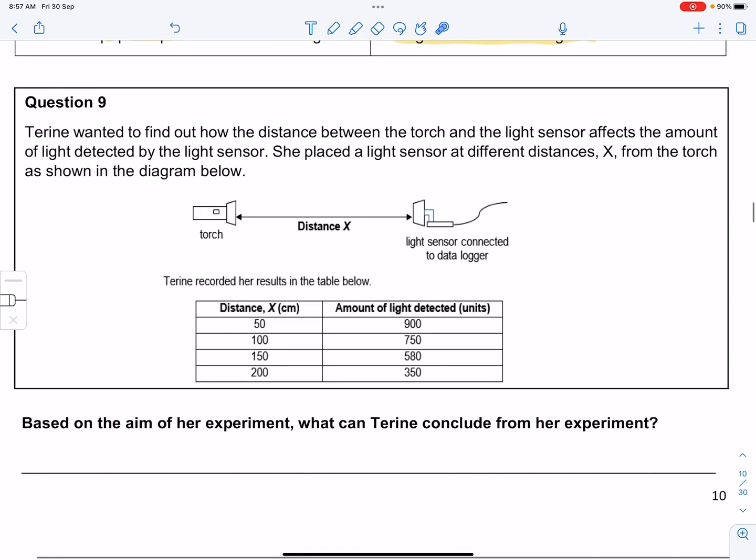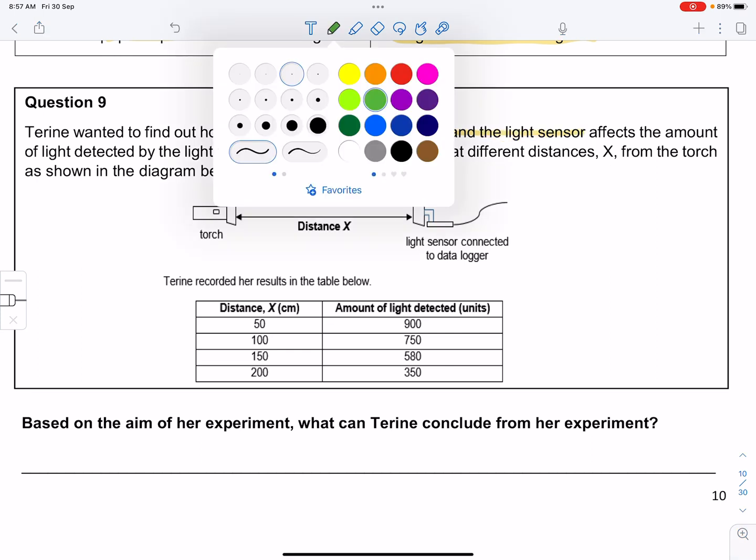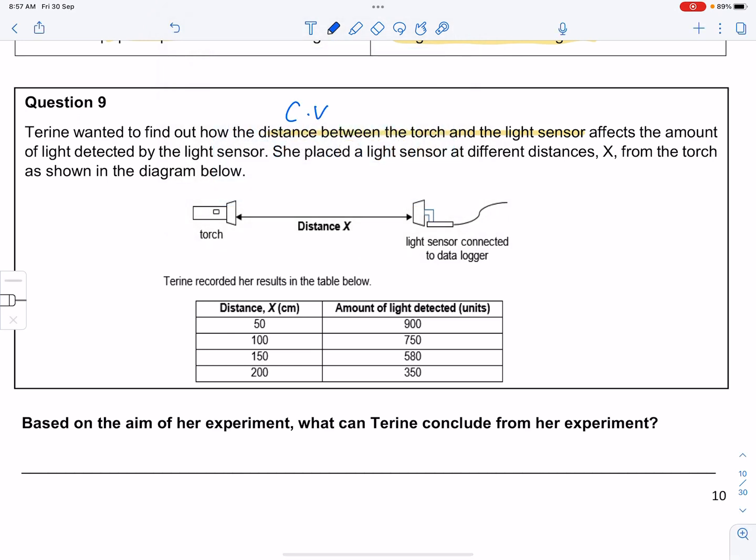Now, question 9. Terrin wanted to find out how the distance between the torch and the sensor affects the amount of light detected by the light sensor. So distance between torch and light sensor tells you light intensity. What does it mean? This is not only the changed variable, but in this case, what it actually represents is your light intensity.